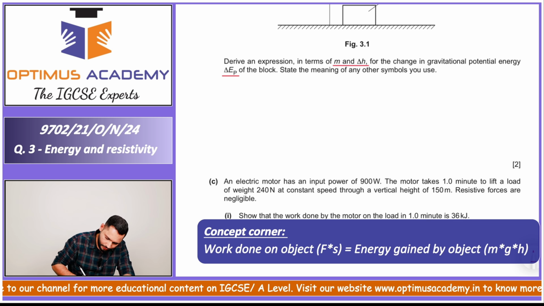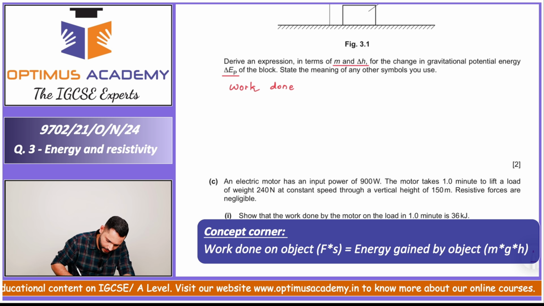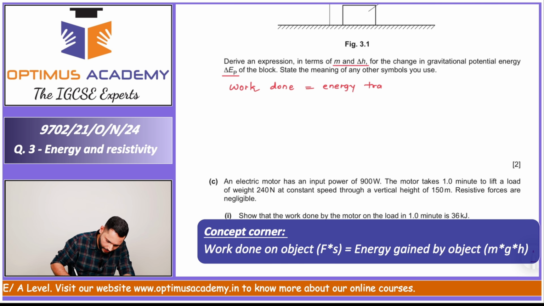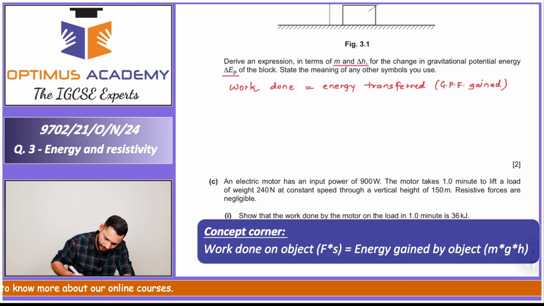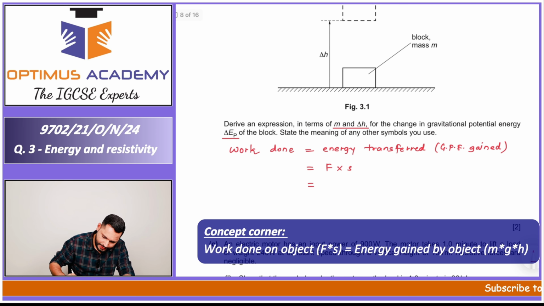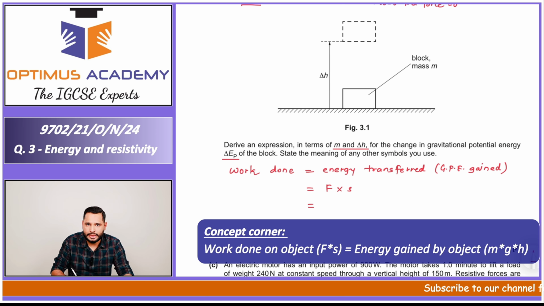So you know that work done is equal to energy transferred, and that itself is GPE gained by the object. So we know the formula for work done. It is F into displacement. The force while raising the object, as we discussed, at constant speed, the downward force has to be equal to upward force.